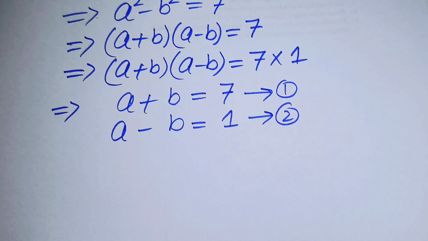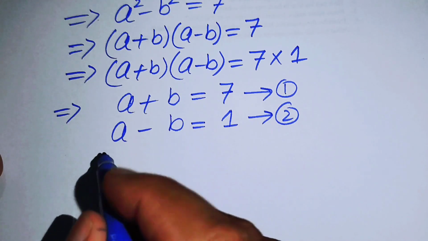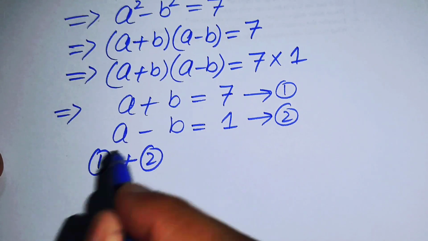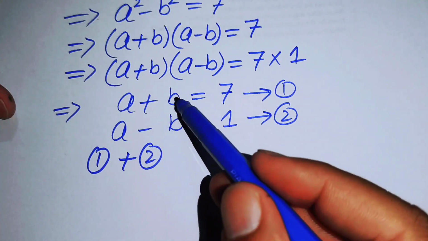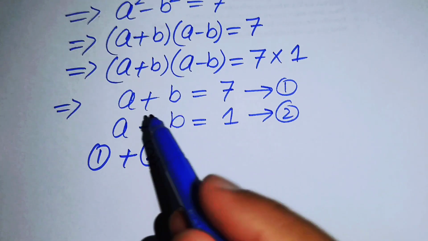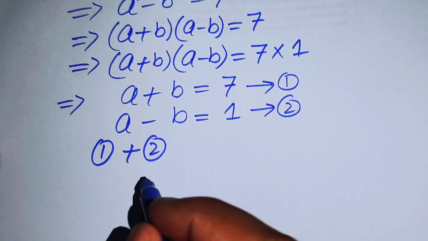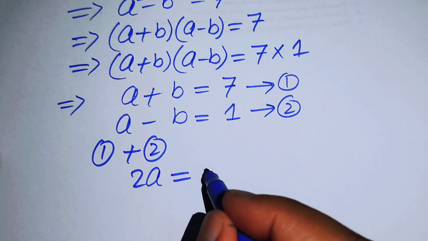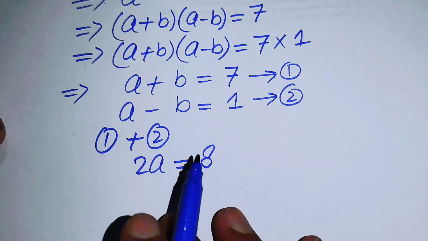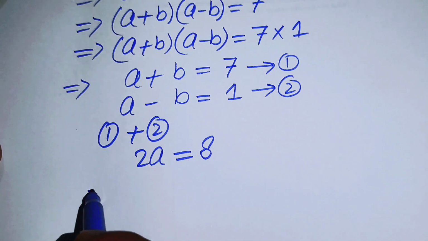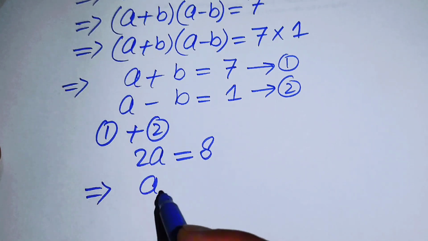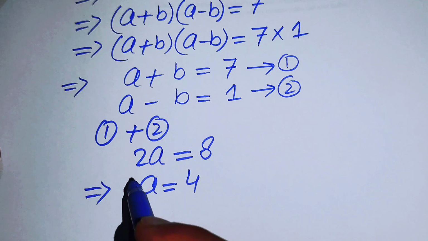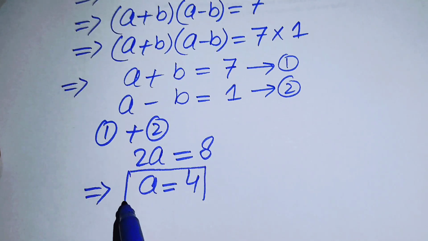In the next step we can just add equation 1 and equation 2. When you add, the b cancels out, and you get a plus a is 2a is equal to 7 plus 1 is 8, so the value of a is equal to 8 over 2, which becomes 4.